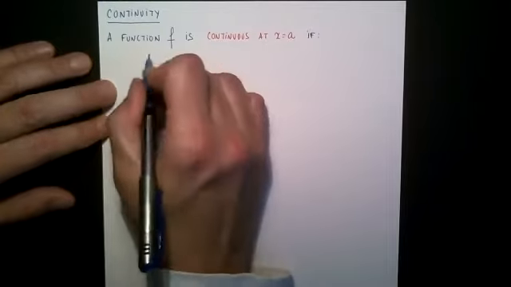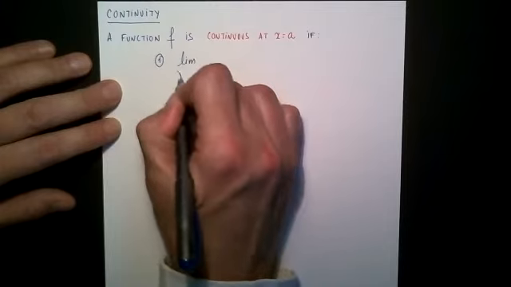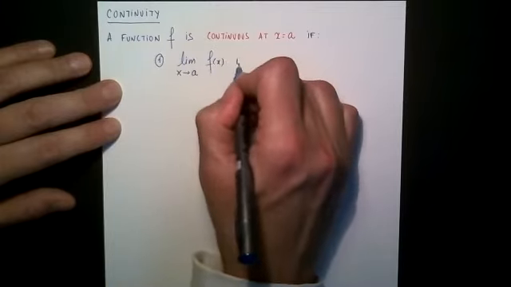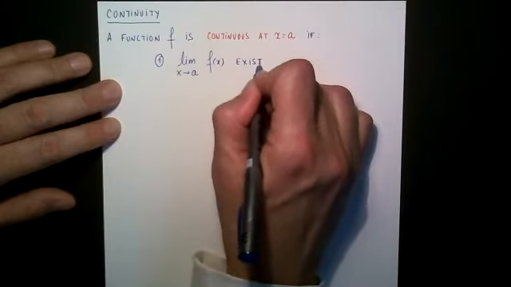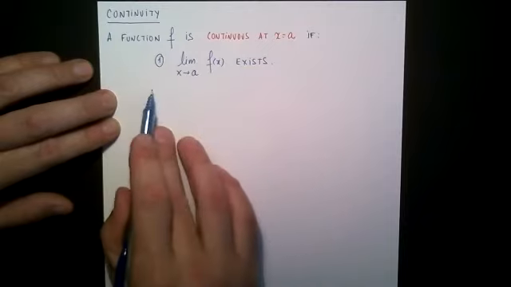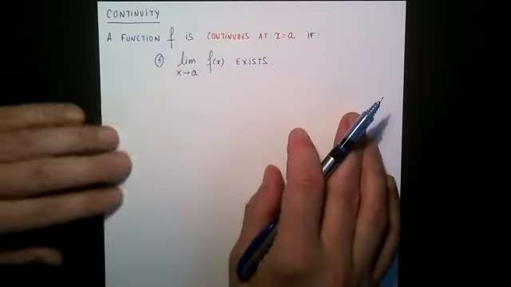Okay, two things. First, the limit as x approaches a of that function has to exist. Exist means from the left and from the right are the same, like we did, you remember, in one-sided limits.